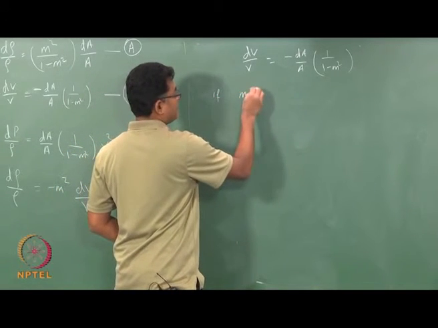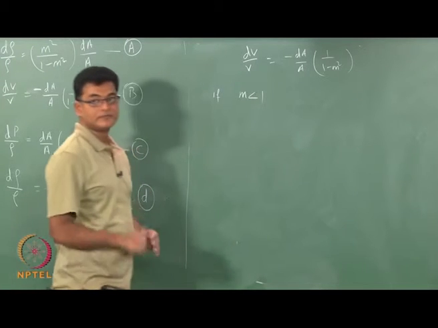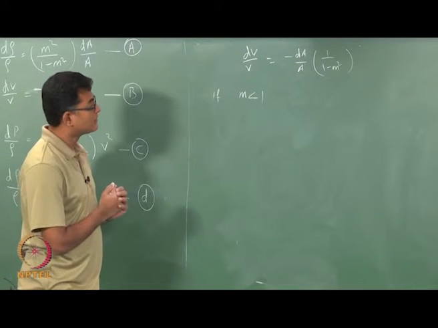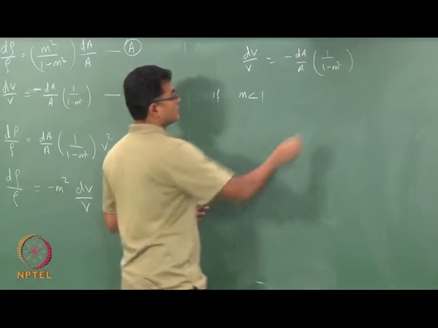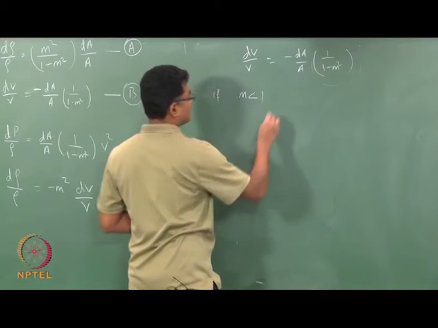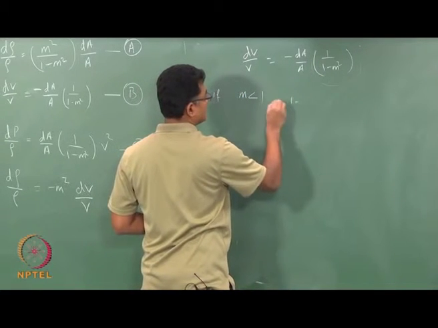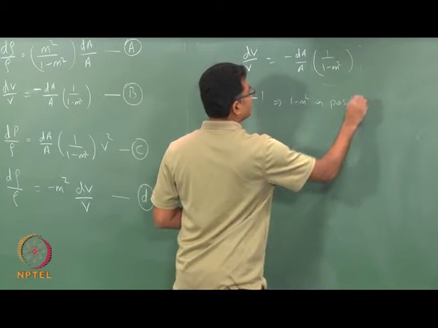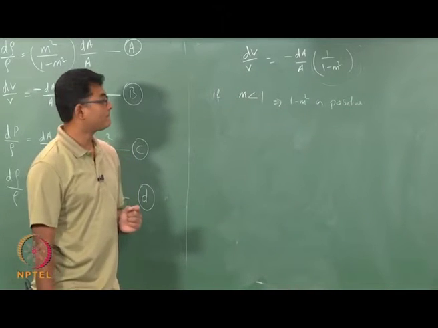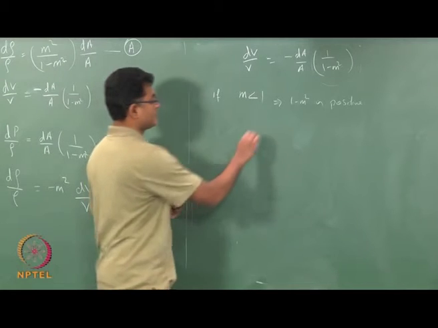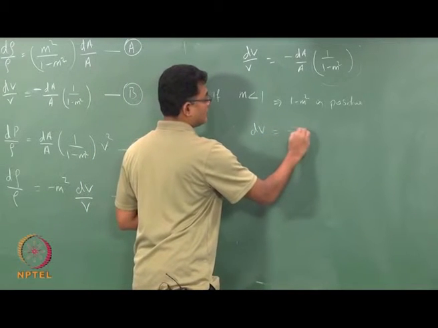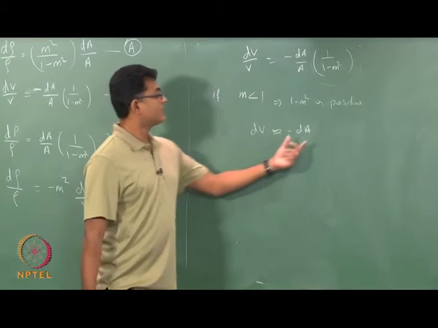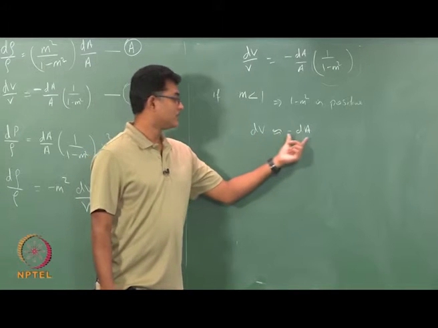If m is less than 1, this quantity, 1 minus m square, is positive, which means my dV goes as minus dA. So, if there is a positive change in dV, there should be a negative change in dA.